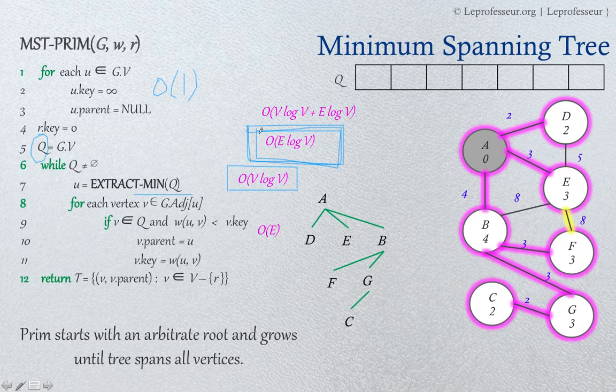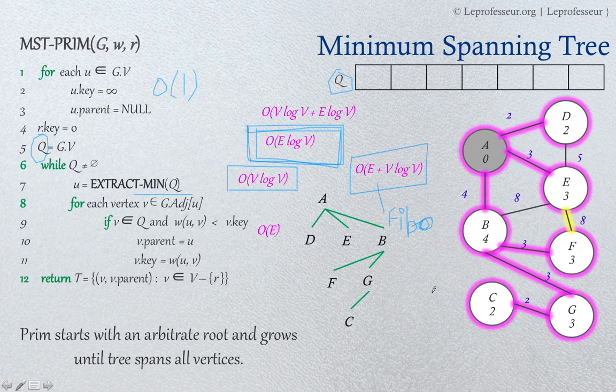However, if we decide to use a Fibonacci heap data structure for implementing this queue, we can get a better asymptotic time complexity, which would be E plus V log V. Fibo means Fibonacci heap structure, that time complexity you can get.